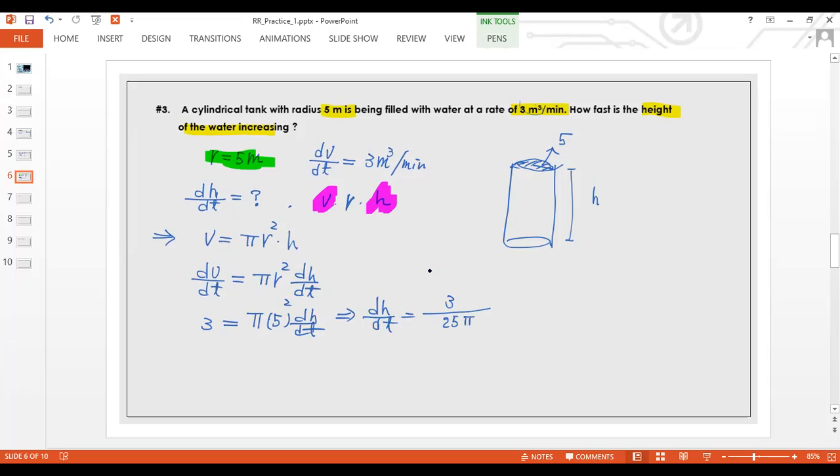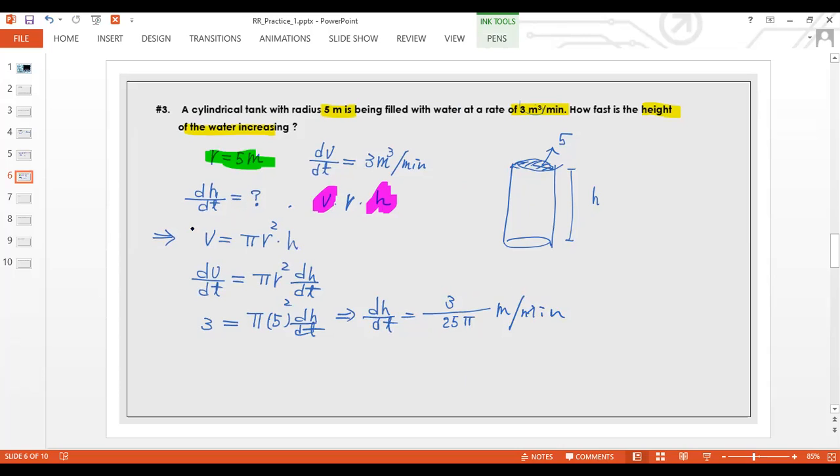The units are meters per minute, because it's the height. When you pour in the water, my height is going to increase. So the rate of the height change is 3/25π meters per minute. This one is pretty easy also.